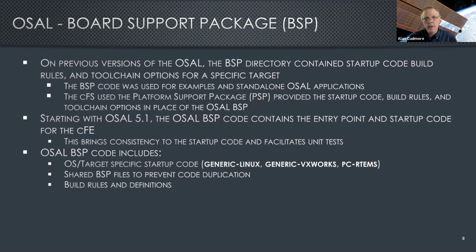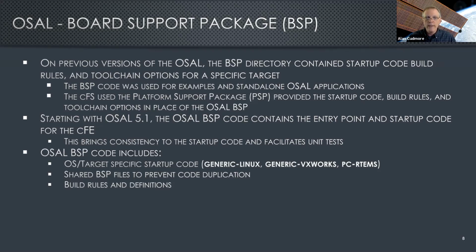So currently the OSAL BSP code includes the OS-specific startup code, shared BSP files, which again help reduce duplicated code, and finally build rules and definitions. Note that the cross-compiler specific commands and options are in the CMAKE toolchain files, and they're not embedded or buried down in the OSAL and PSP directories.